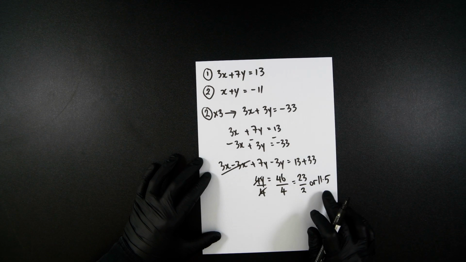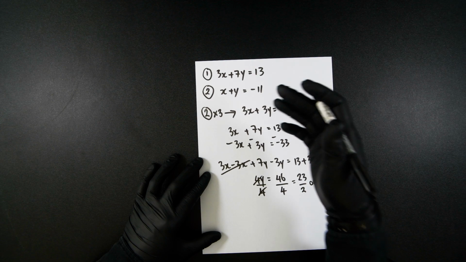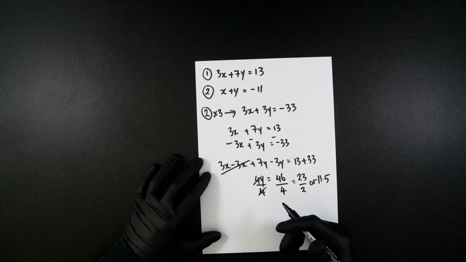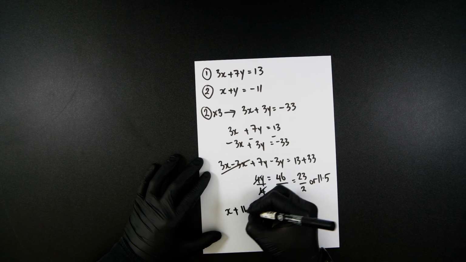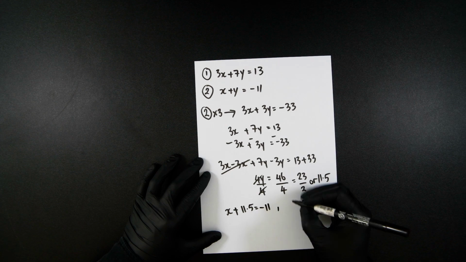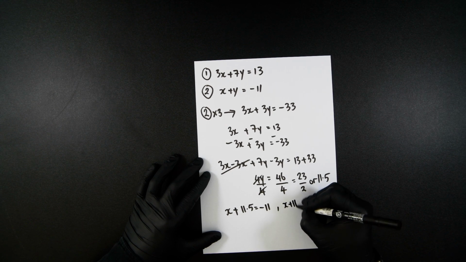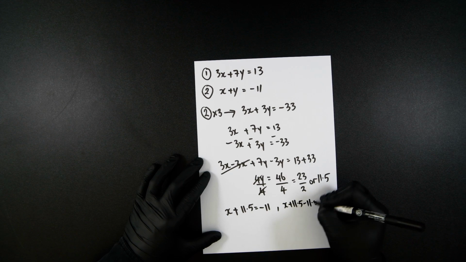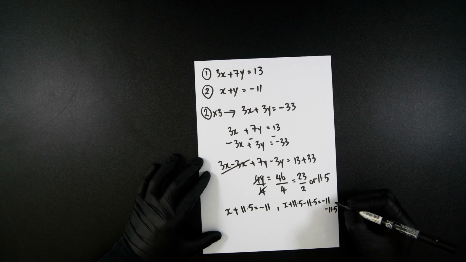We now take this value for y and substitute it into any equation. I'm going to pick the easiest one, which is equation 2. So you're going to get x plus 11.5 equals minus 11. Let's now subtract 11.5 from both sides. So you get x plus 11.5 minus 11.5 equals minus 11 minus 11.5.